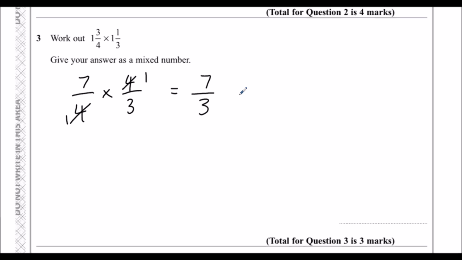So 7/3. It's not a mixed number, so we need to change it for our final answer. How many whole ones do we have? How many 3s go into 7? It goes in 2 times, so there are 2 wholes. That would be 6/3, and there's 1 more third. So we've got 2 and 1/3.